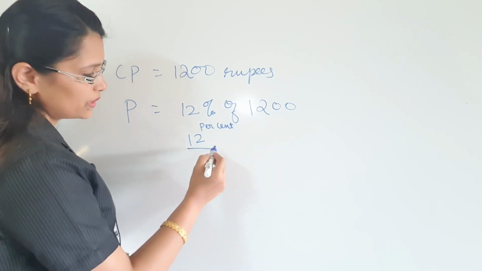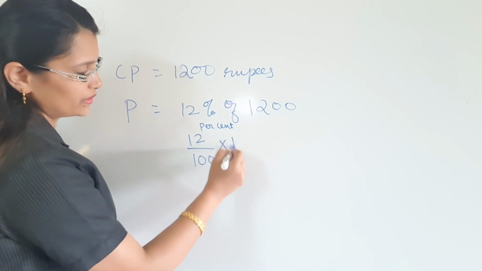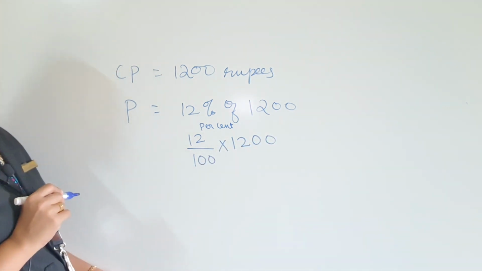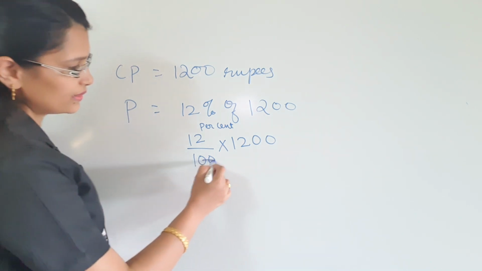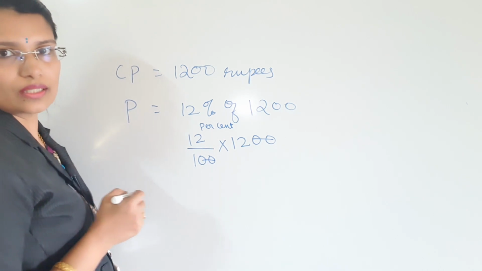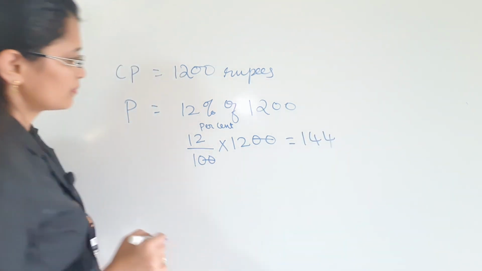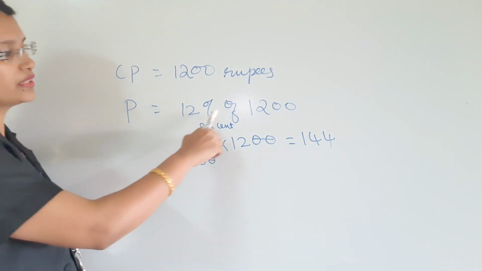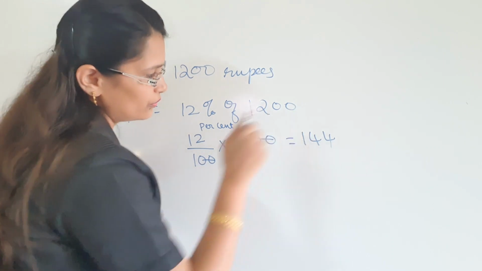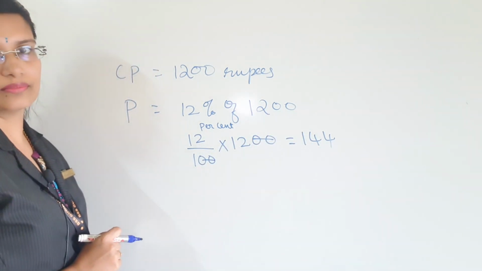That means per cent. Of denotes multiplication into 1200. Cancel these zeros. What is 12 into 12? 12 12s are 144. So 12% of 1200 is 144. Okay. So what is the selling price?